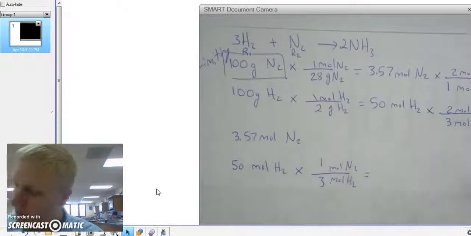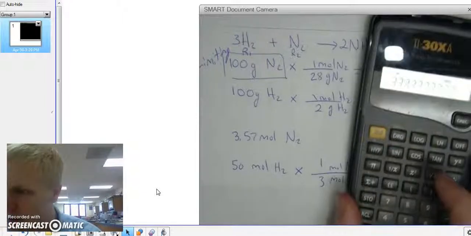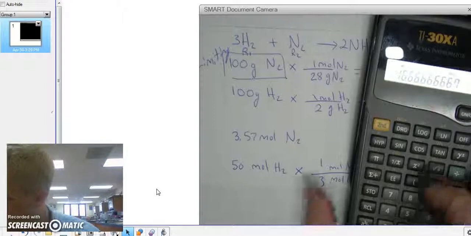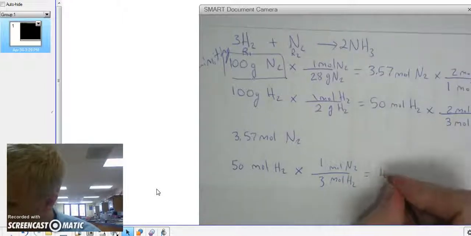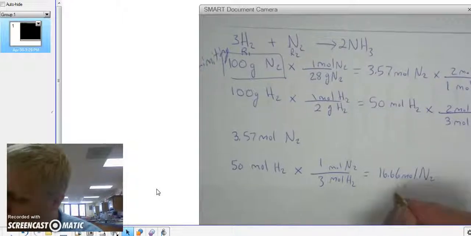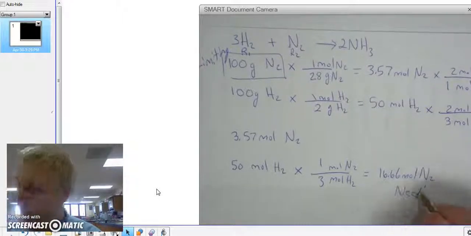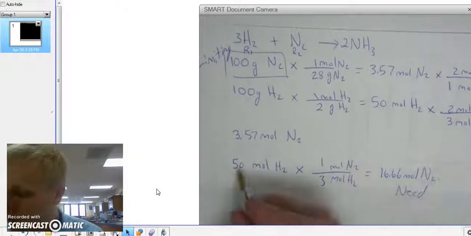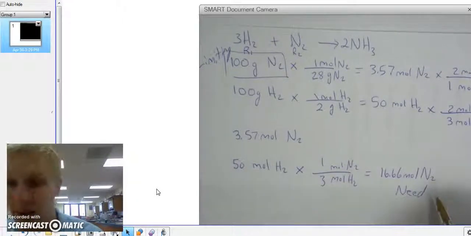So I'm going to do 50 times 1 divided by 3, which is 16.66. And this is how much I need. I need 16.66 moles of N2 in order for H2 to be my limiting reactant.